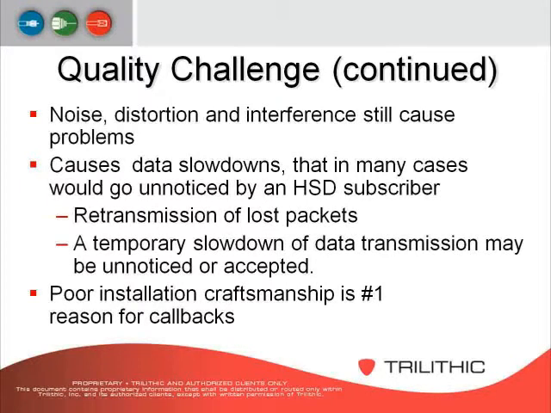Poor installation craftsmanship is the number one reason for callbacks. And not only the same infrastructure as data, but the same challenges that face data are what you're going to run into with your voice over IP.